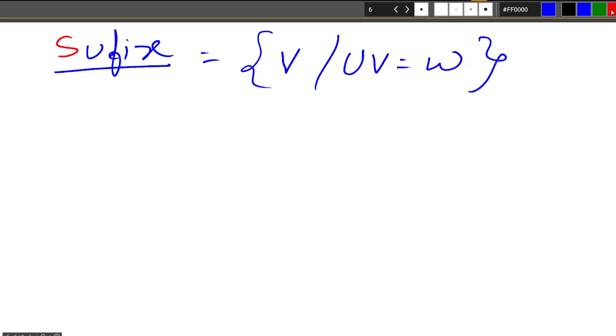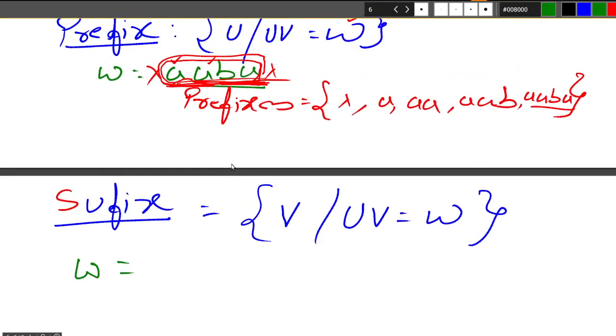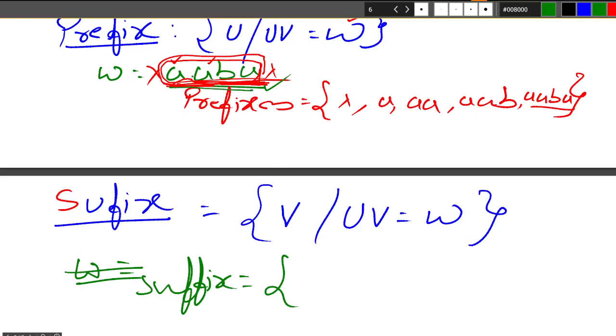For example, similarly in the last example, if W was AABA, then what are the possible suffixes? Same thing, considering all these things.